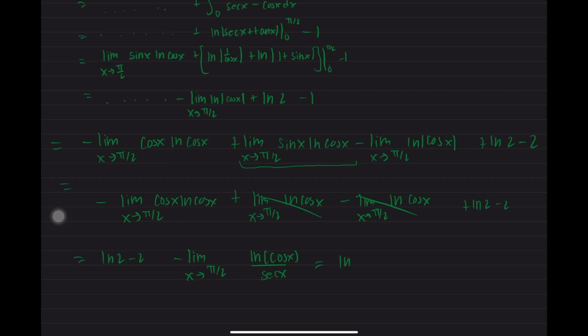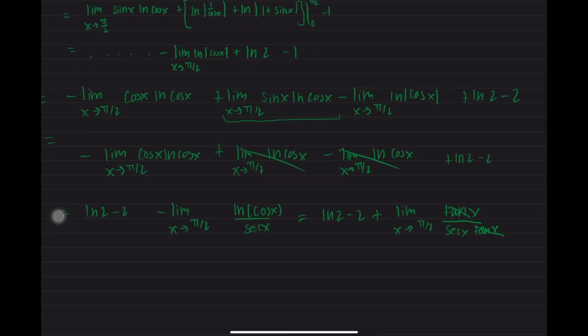Well, we have ln 2 minus 2 minus the derivative of ln of cosine x. Well, that's negative sine of x over cosine x, which becomes positive tangent of x, in the limit as x approaches pi over 2. Well, what's the derivative of secant x? That's secant x tangent of x. Tangent x cancels out.